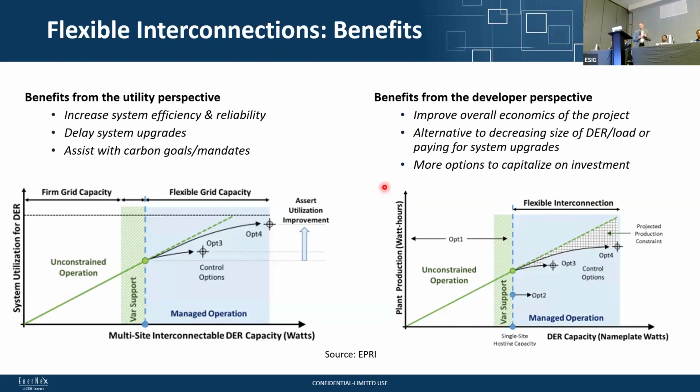Okay, so I'll just get through the last couple of slides here, and then jump into Zach's part. So obviously there's benefit from both the utility side as well as the developer side, but really what we're talking about is, when you're just doing a standard interconnection, there comes a point where that interconnection is going to be limited on capacity. Beyond that is where flexible interconnection comes into play.